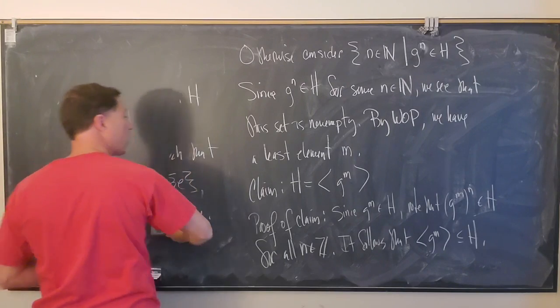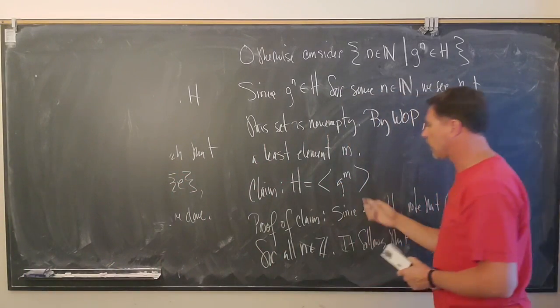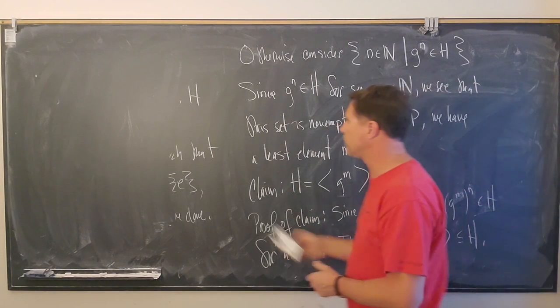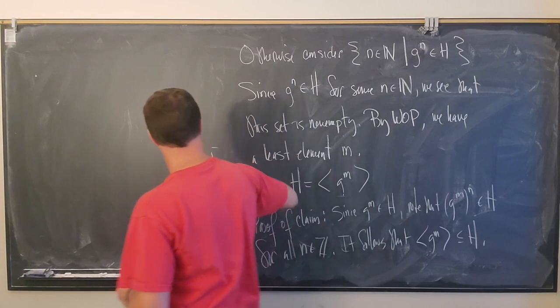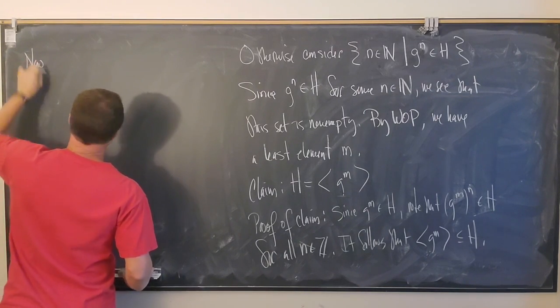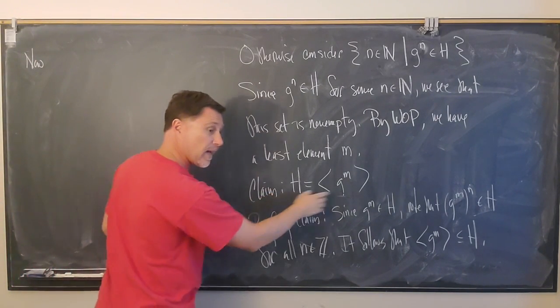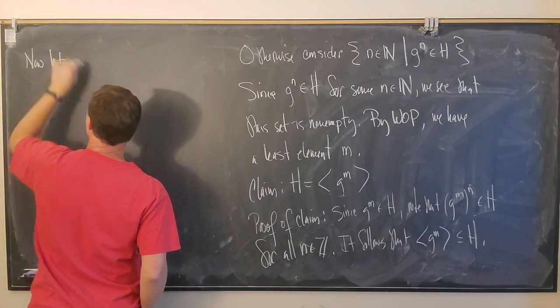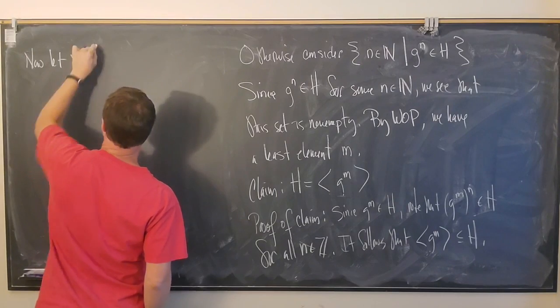Well, we're trying to show equality, and what I've done so far is I've shown that the right-hand side is a subset of the left-hand side. Now I need to do the reverse inclusion. So now I'm going to pick somebody in the left-hand side and show that it lives on the right-hand side. So now let's let x be an element of H.